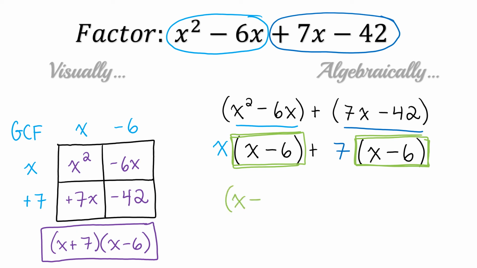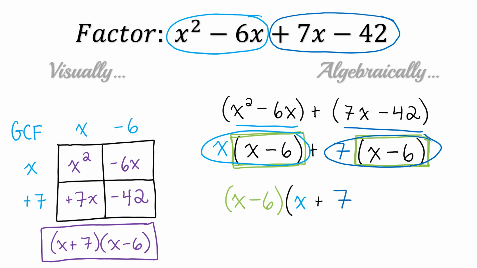So I have the quantity of x minus 6 times x times the quantity of x minus 6 divided by the quantity of x minus 6 gives us just x, plus 7 times the quantity of x minus 6 divided by the quantity of x minus 6 gives us just 7. So the factored form of my expression is x minus 6 times x plus 7.